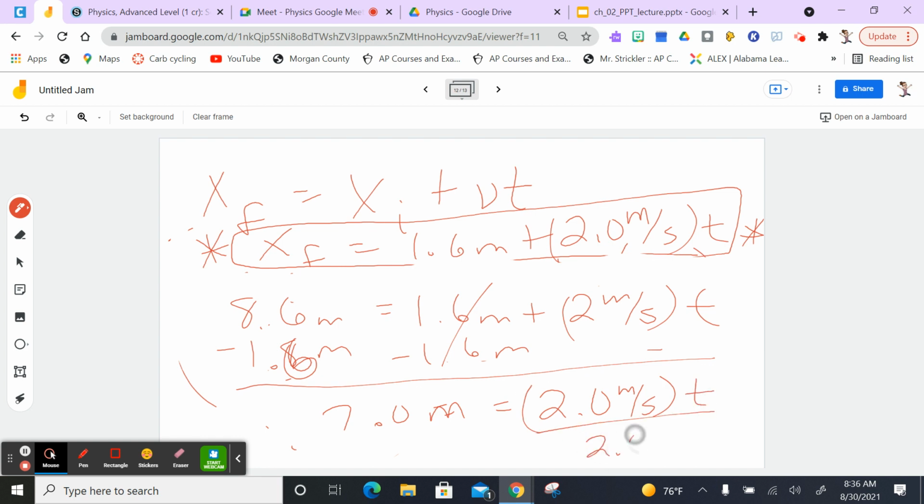So to find t, you're going to divide both sides by 2.0. Remember, your meters are going to cancel. That's going to leave you with just seconds. 7 divided by 2 is 3.5 seconds, because our meters cancel out.